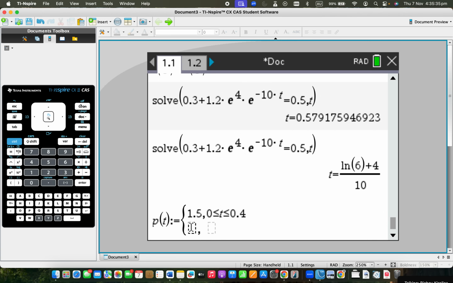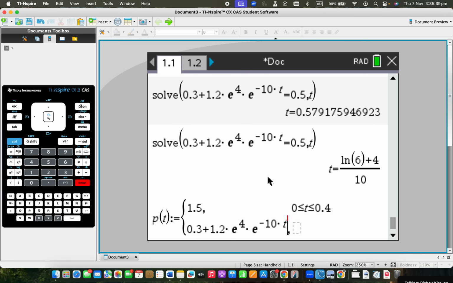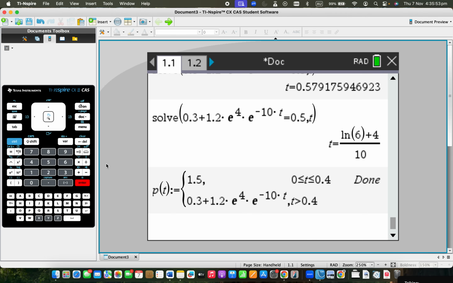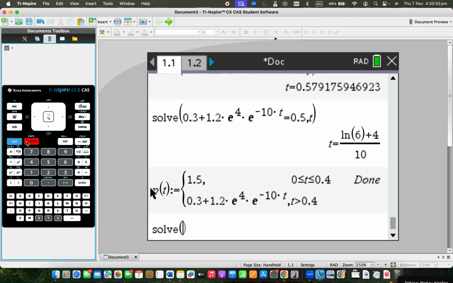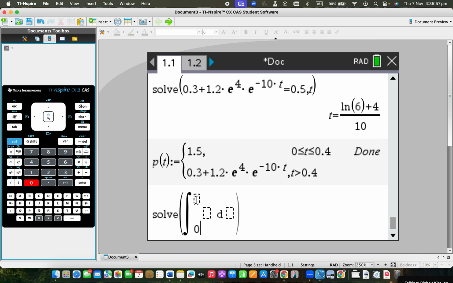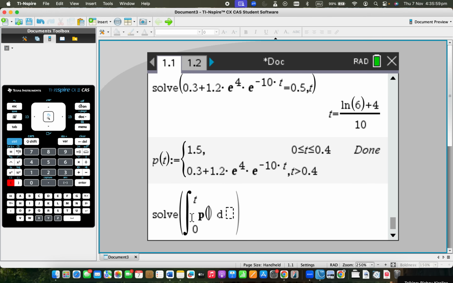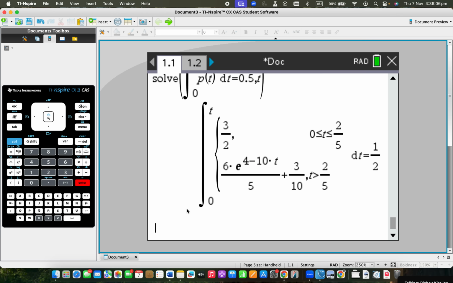And then here it's just this: 0.3 plus 1.2 e to the power of 4, e to the power of negative 10t, for t greater than 0.4. And we want to solve when the integral from 0 to t of P of T dt is equal to 0.5, for t.